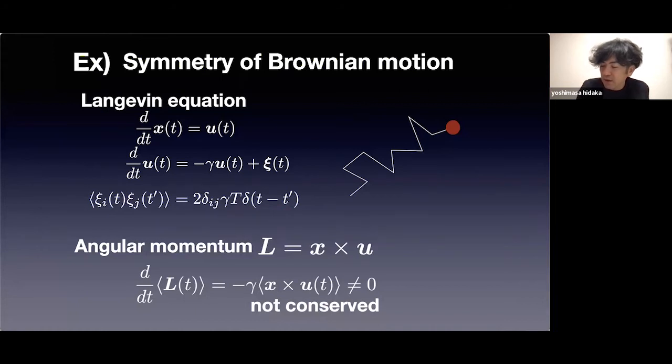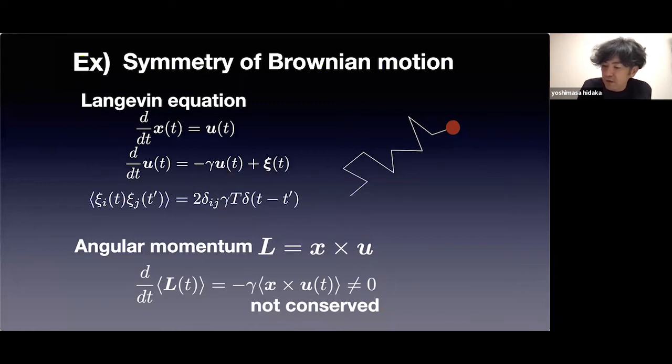The ordinary angular momentum is x cross p. But because of the existence of the friction term, angular momentum is not conserved. This is the property of the open system.